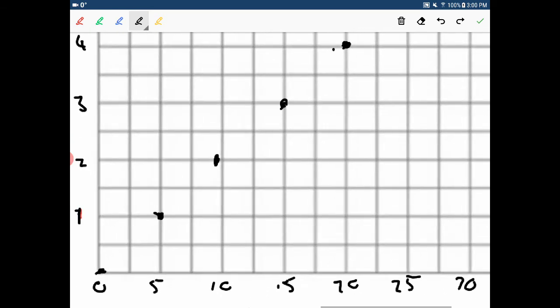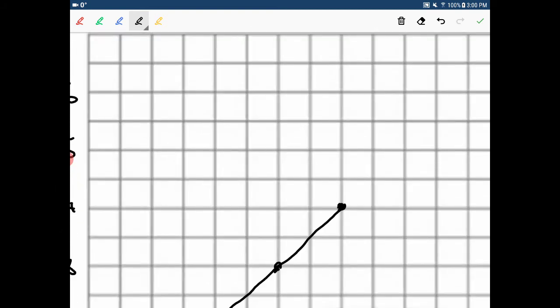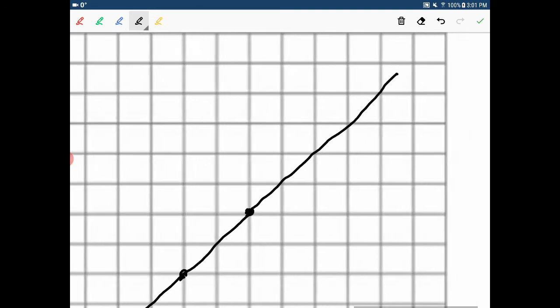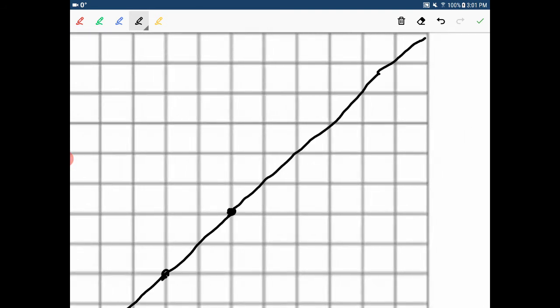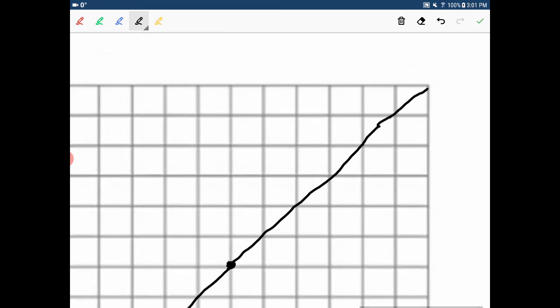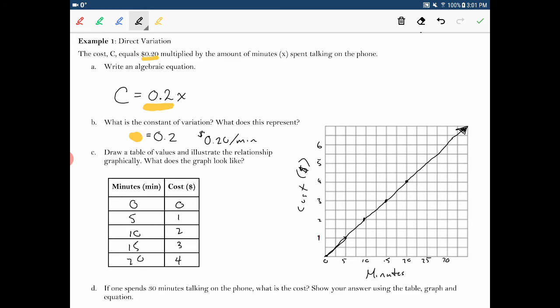Let's zoom in really far so that I can look at that perfectly straight. I'm actually going to continue it. Fortunately, it worked out really well on the grid, so I can approximate very well. Anyway, that is our line of best fit there.